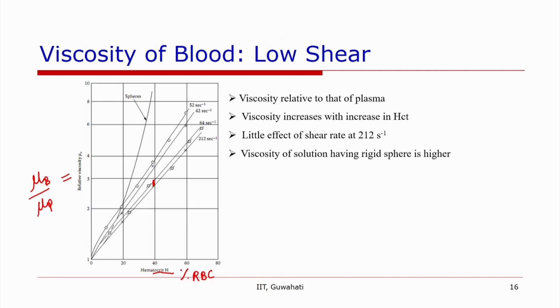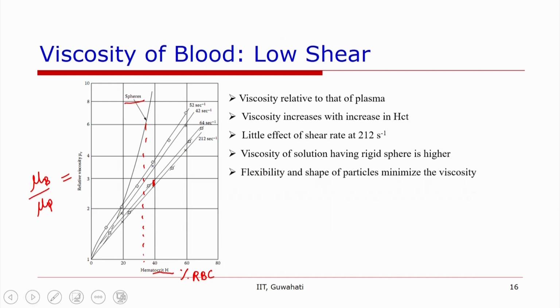In the same graph, another line has been plotted, which is the viscosity of a solution which contains rigid spheres, and you can see that for the same volume fraction, the viscosity of a solution which contains rigid spheres is significantly higher, about twice that of blood, which has flexible and disc shaped particles.